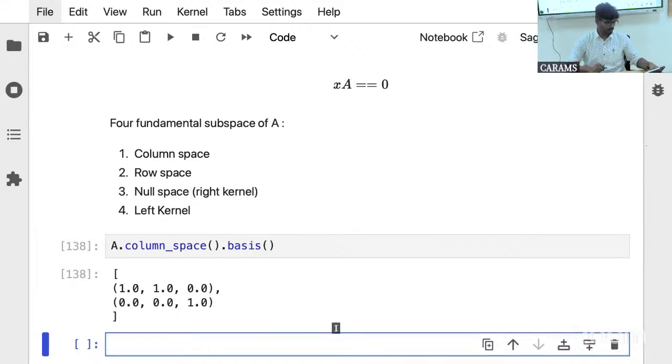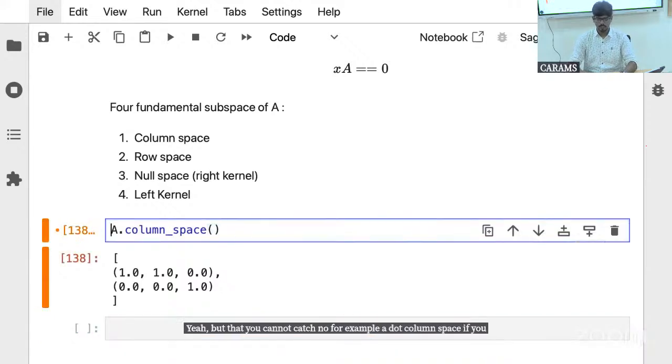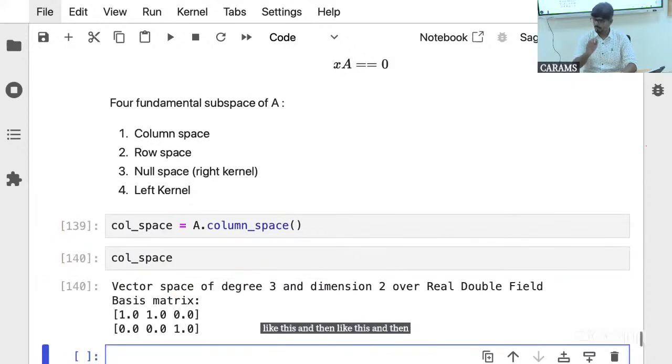Maybe I forgot to tell this in the previous class. Any doubts so far? If you call A.column_space(), it gives you everything you need.